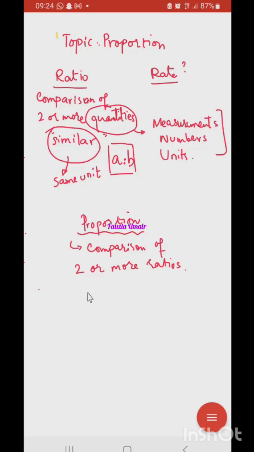We will write it down like this: A ratio B is proportional to C ratio D, and this is the symbol for proportion. Ratio is denoted by a colon, so proportion is denoted by a double colon.